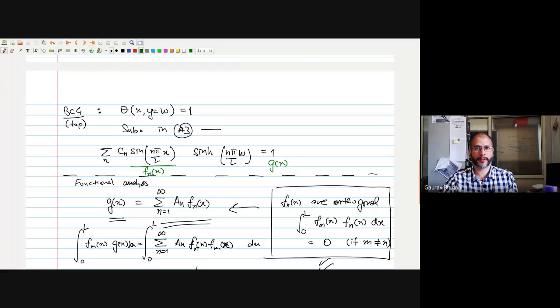For different values of n, I get different functions, and this and this together form my a_n. It's a constant. Of course, sinh(n pi/L times w) is also a constant, so that can be taken inside, and I can call that some other b_n, if you want.